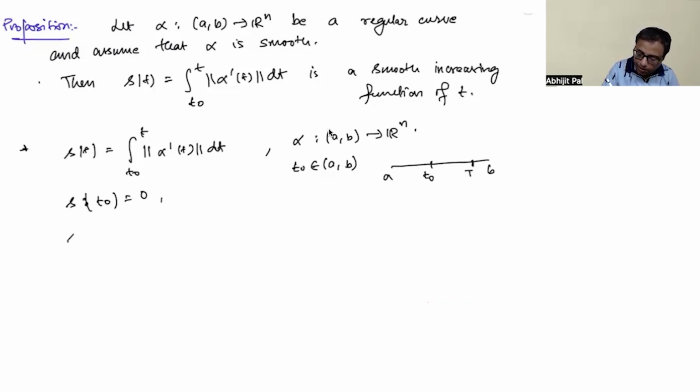And what is my S of this capital T? It is the length of alpha restricted to this closed interval.